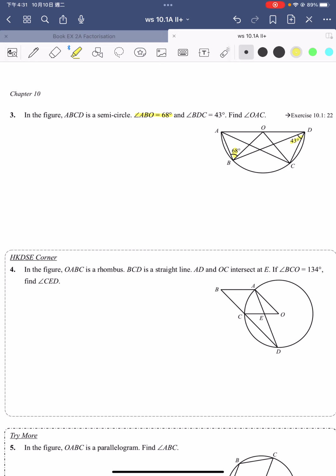This is quite hard to look at, but if you draw back a whole perfect circle, whatever, I just draw a normal circle like this. Okay, so this O, any angle here is going to be the angle at the center, and any angle on the circumference is going to be the angle at the circumference, isn't it?